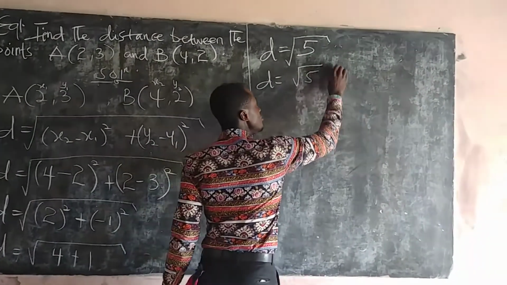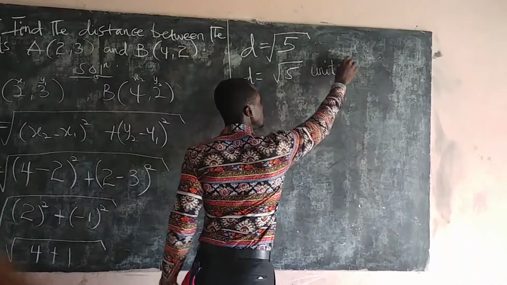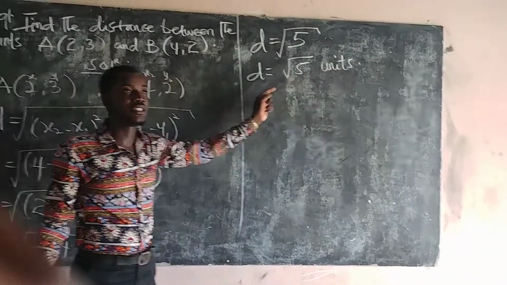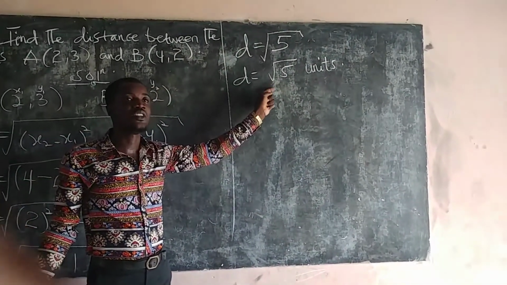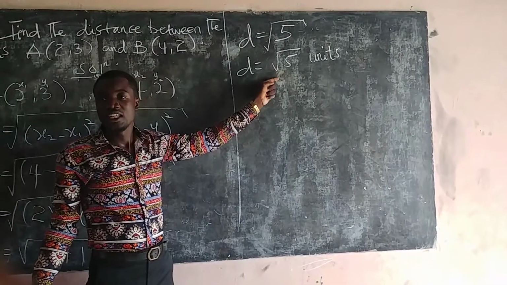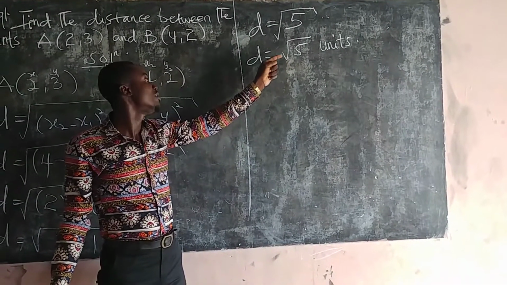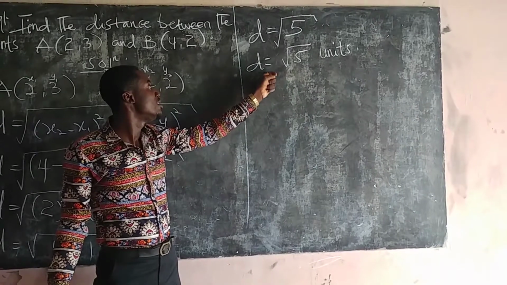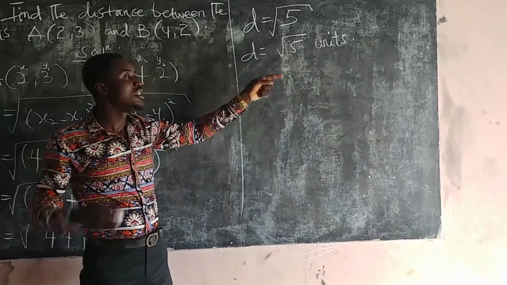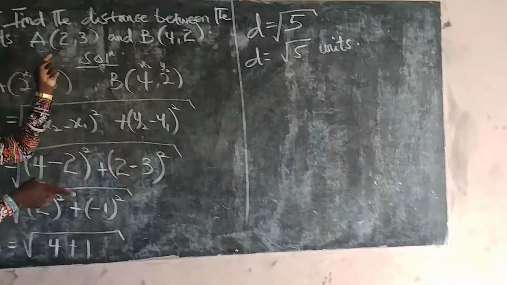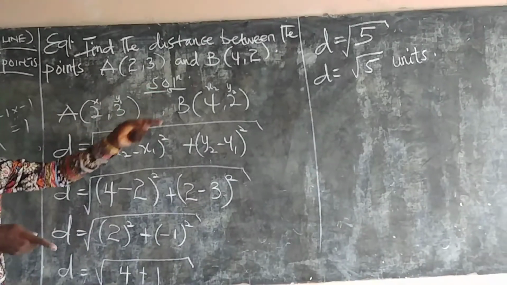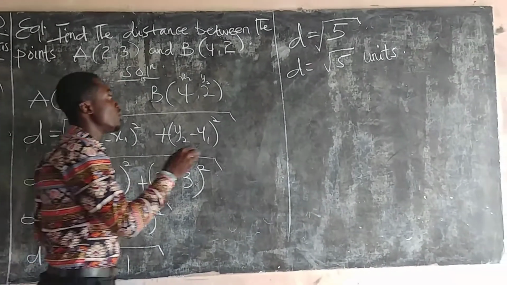We also bring units to indicate the unit of measurement of the distance. It was not given; if it was given, we should have brought it. So to say, the distance between the points A(2, 3) and B(4, 2) is what? Root of 5. Good.